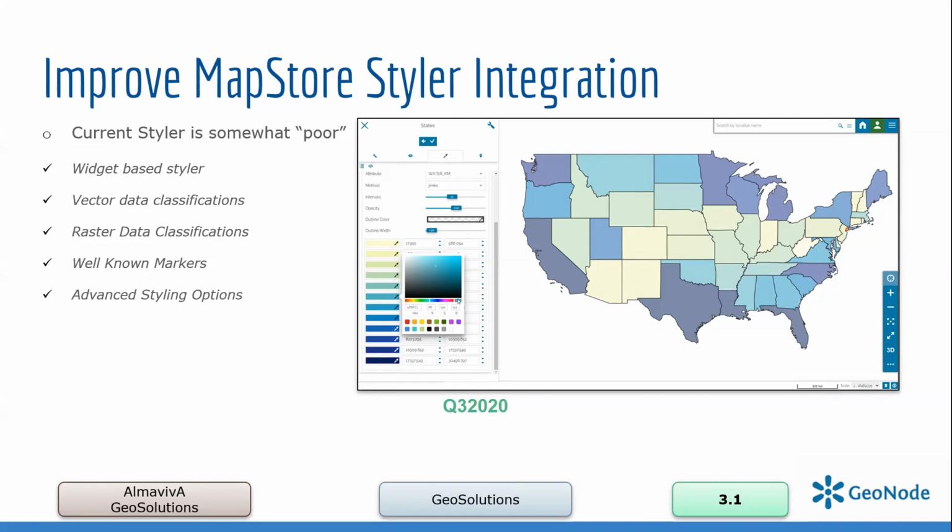So we are planning to add to the MapStore client an advanced styler, which has been completely revised, that now allows you also to create on the fly the vector and raster data classifications. So you can classify your datasets and apply a color ramp to the datasets in order to automatically create a nice style.